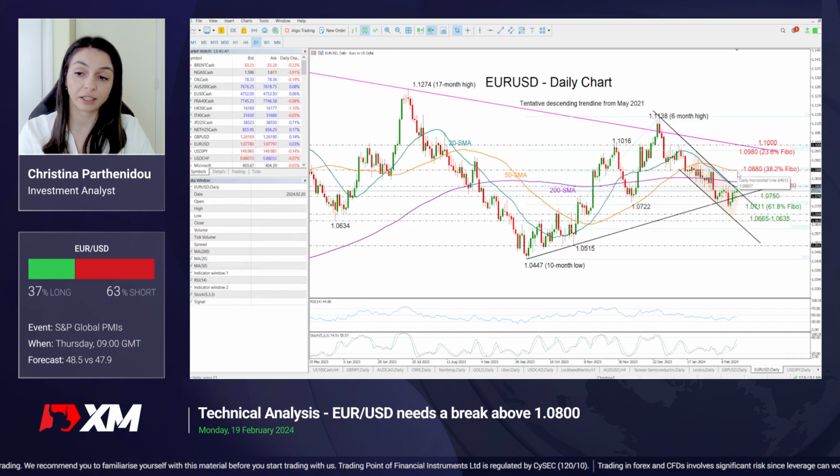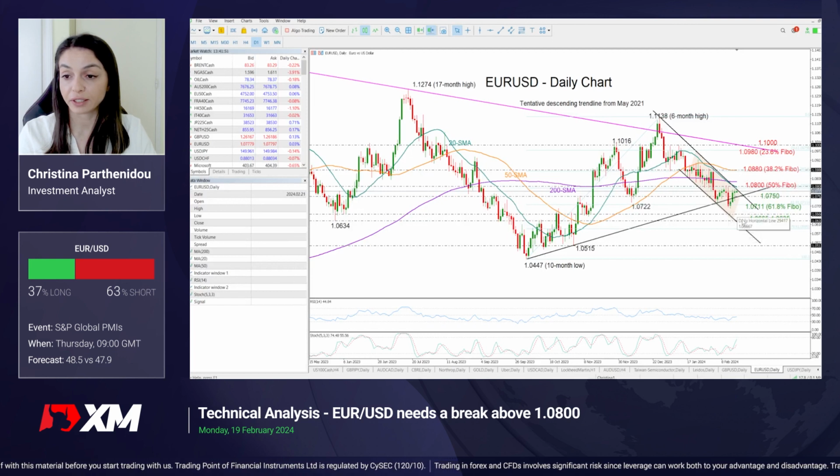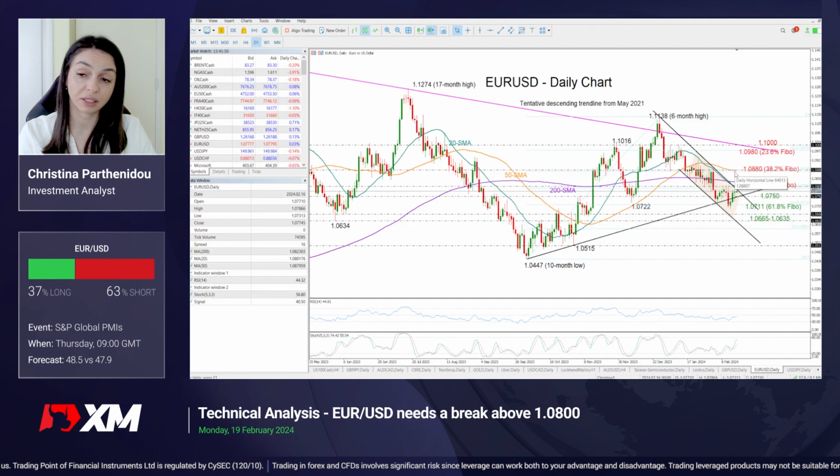We have to break this barrier in order to officially violate this downtrend, and therefore perhaps see a fast rally towards the 23.6% Fibonacci at 1.0980 and near the 1.10 level, where this tentative descending trend line from May 2021 is placed.